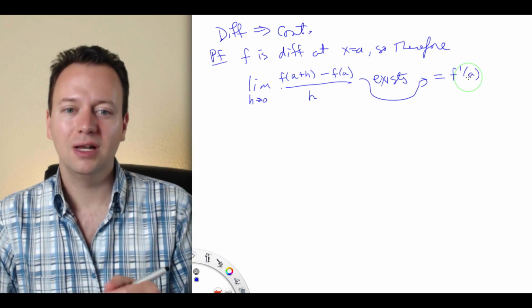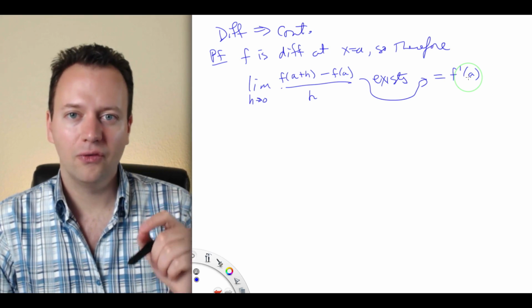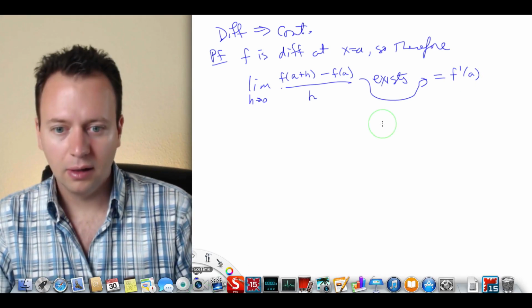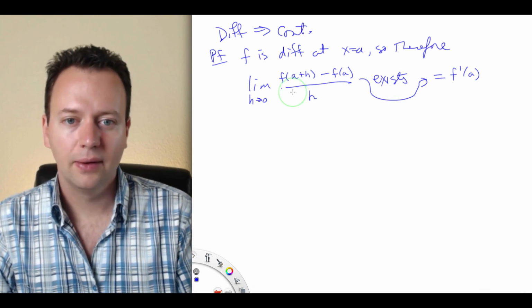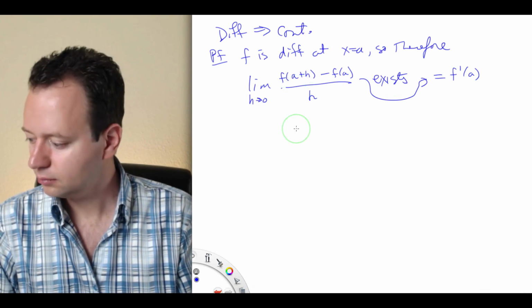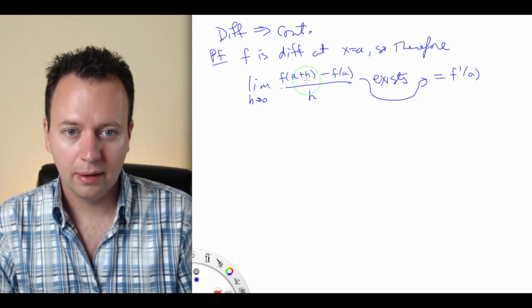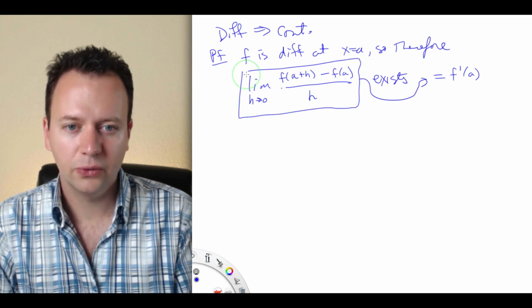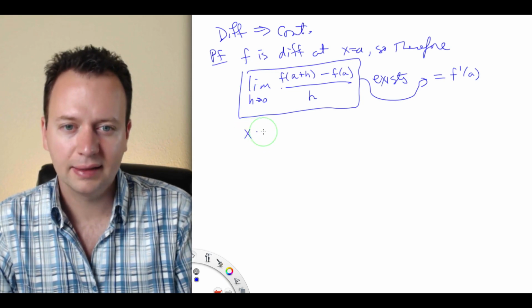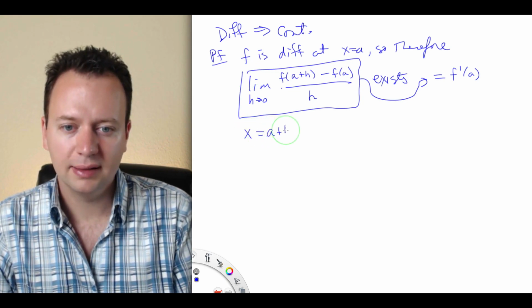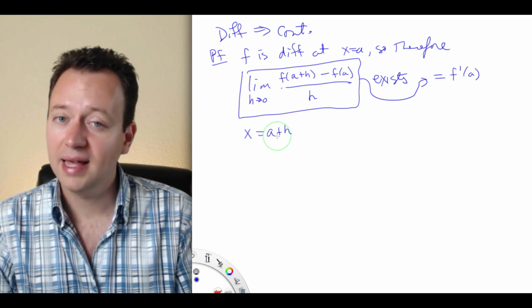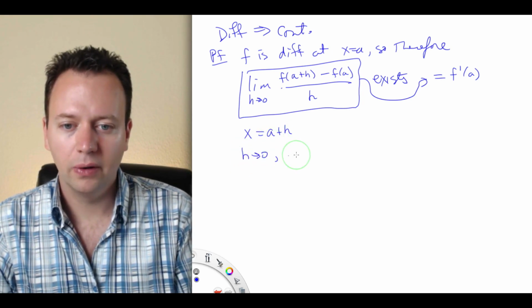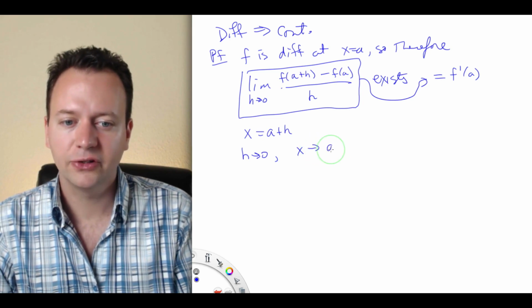And from that, we need to show that the function must be continuous. First of all, let's rewrite this. If we say that x is equal to a plus h, because a is just a fixed constant, then as h goes to 0, that's the same as saying x goes to a.